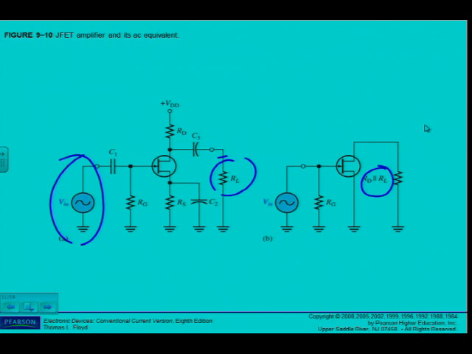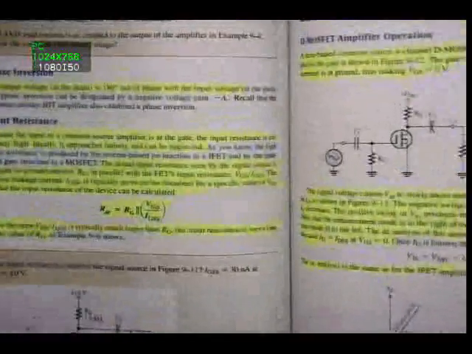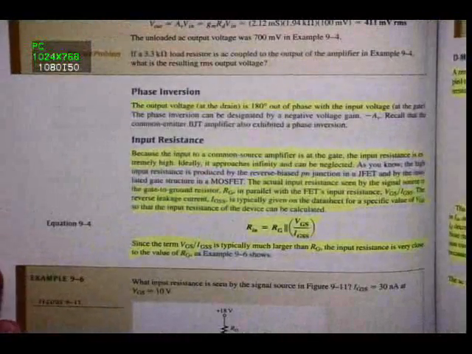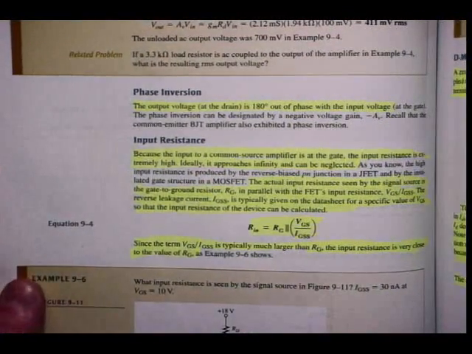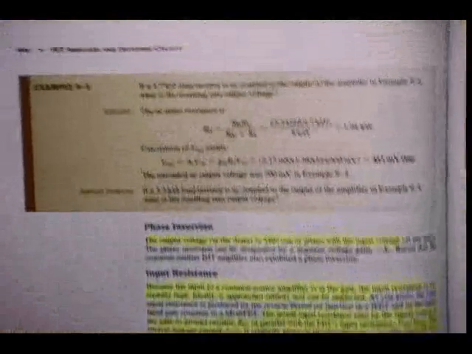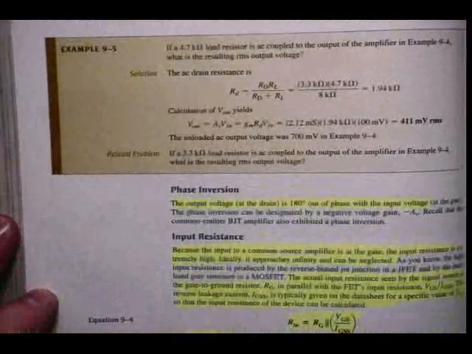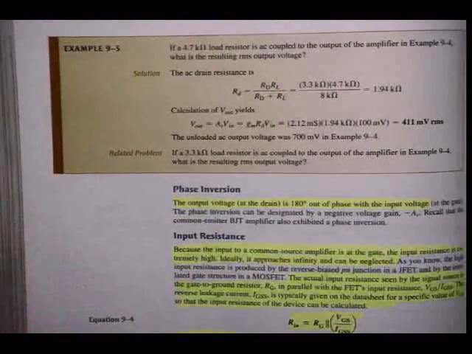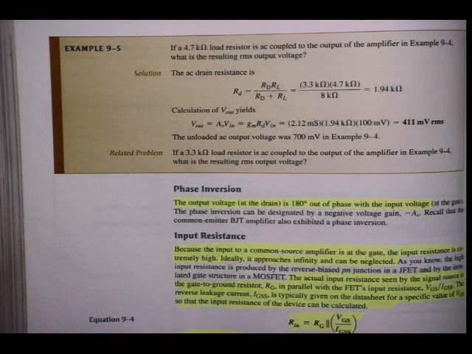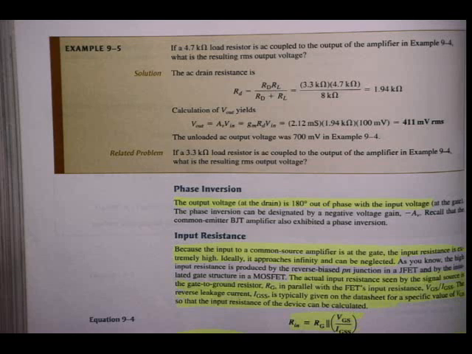Let's go and have a look at the example in the textbook. On page 444, example 9.5, if a 4,7 load resistor is AC coupled to the output of the amplifier in example 9.4. So they're using the same circuit as previously, where we found an output voltage of 700 millivolts. What happens now if the load resistor is connected?